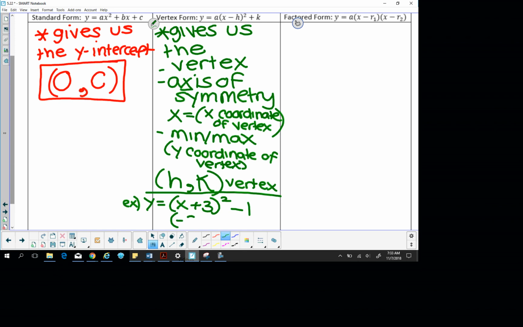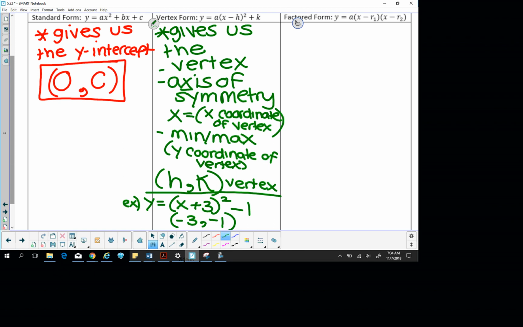Negative 3. So your x coordinate is actually negative 3. Usually in quadratics, if it's in parentheses, it's the opposite with these 2 forms. But if it's outside the parentheses like this, it's the same. Since this is -1, it'd still be -1. So your vertex here would be -3, comma -1. So it easily gives you your vertex.